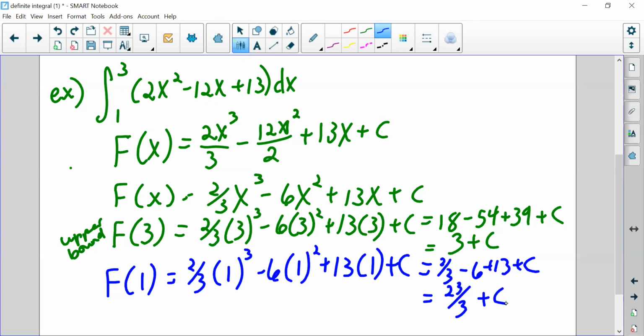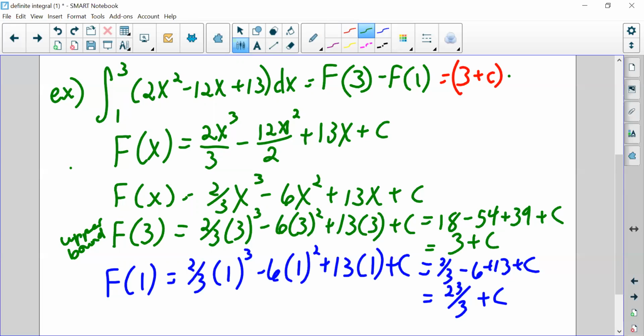So, remember, our formula says we need the antiderivative at 3 minus the antiderivative at 1. We know our antiderivative at 3 is 3 plus c.